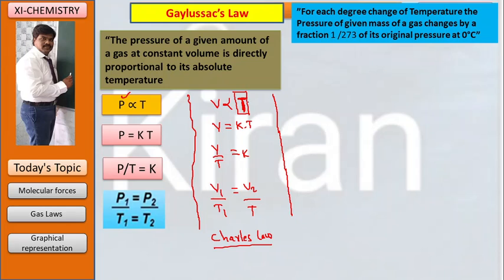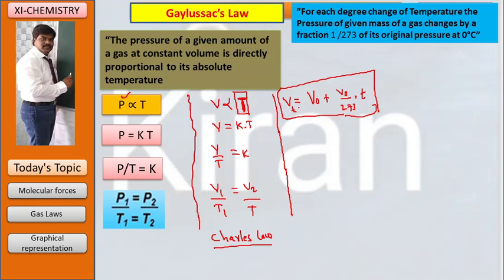The same Charles' law I have written in a different pattern: volume is equal to V naught plus V naught by 273 into small t. At that particular temperature, the volume will come. In the same way here, we are representing absolute temperature, so the pressure is related with centigrade temperature; that equation you have to write.